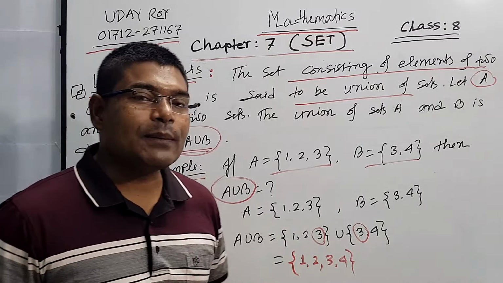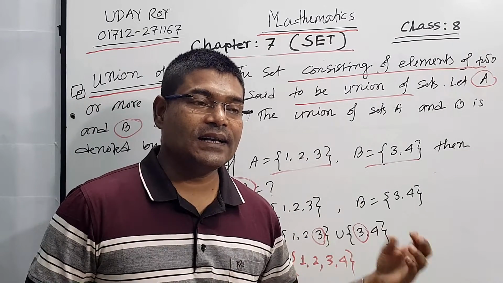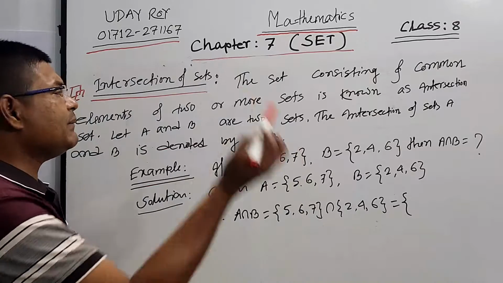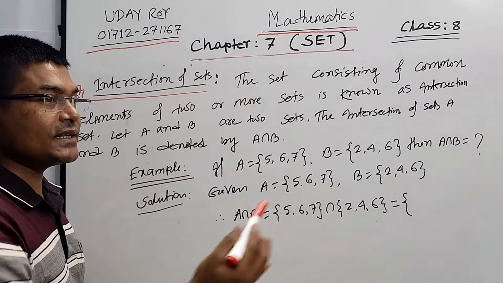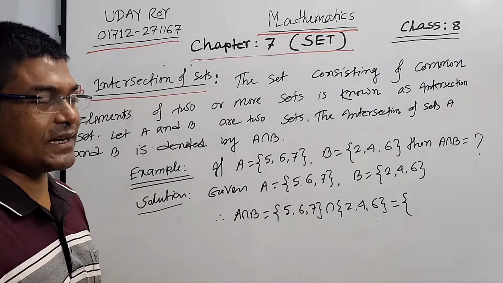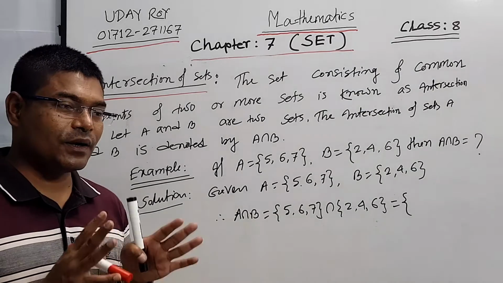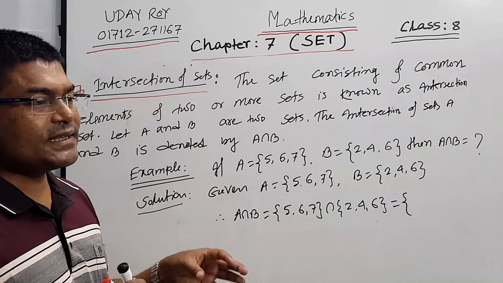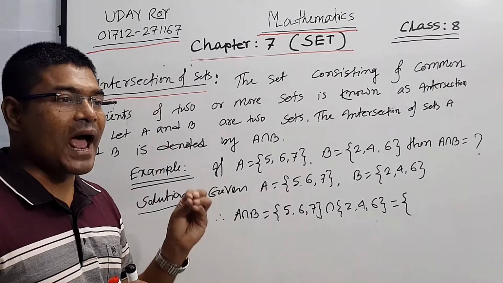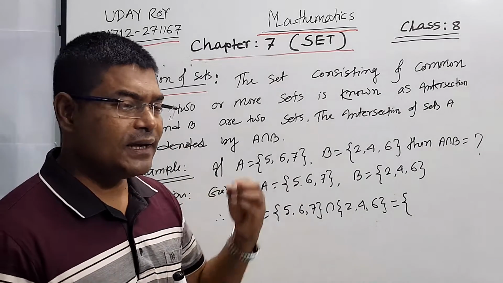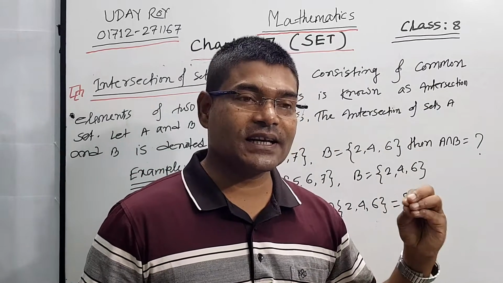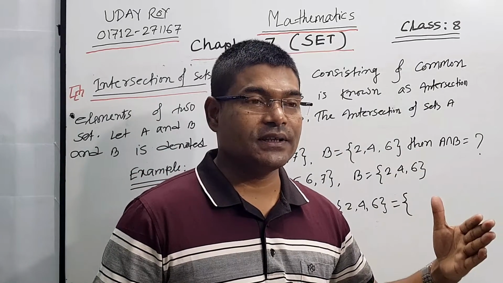Now we will have to know the intersection, then we will learn the complement of sets. We have learned union of sets. Now we will have to know intersection of sets. This is the important part of this exercise, in this chapter related to union, intersection and complement.